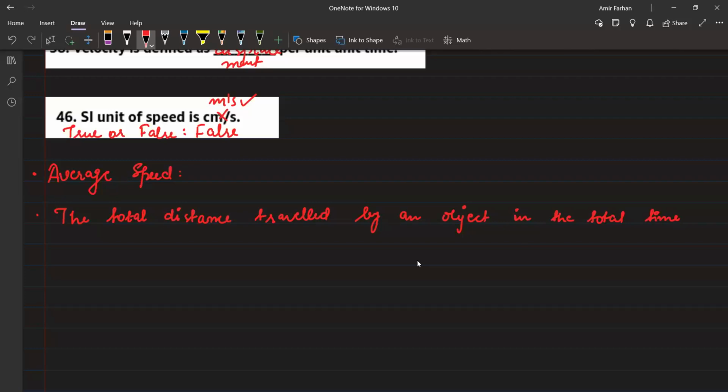Time, the total distance traveled by an object divided by, let's write it, divided by the total time, because it's the ratio, so divided by is much more appropriate. Okay? Clear? Divided by total time to cover the distance.